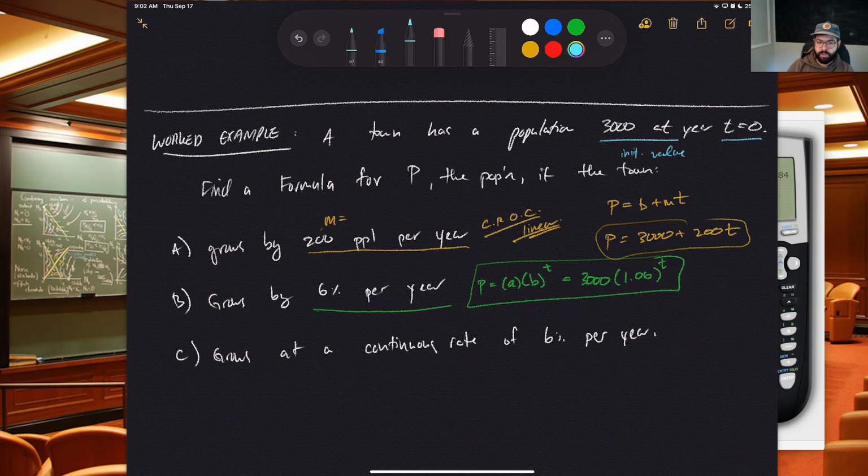And if we switched it up and said, well, maybe they were growing at a rate of 6% continuously per year, which can often be the case, then what does this look like? Well, continuous growth is given by a e to the kt. So that would be 3,000 e to the 0.06t.